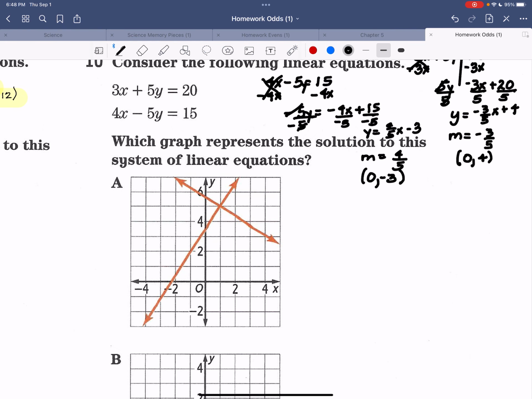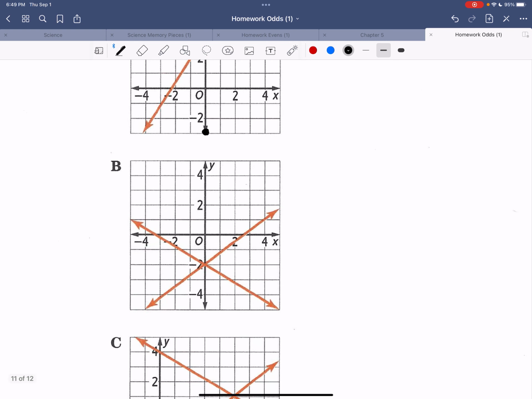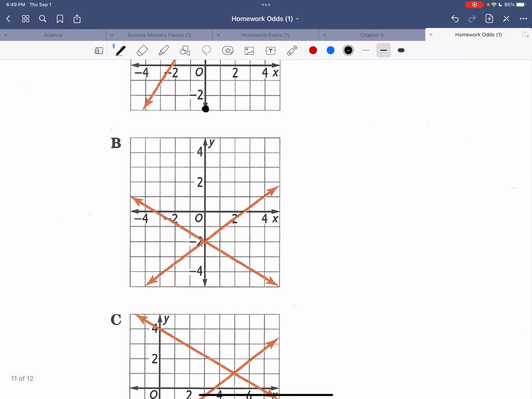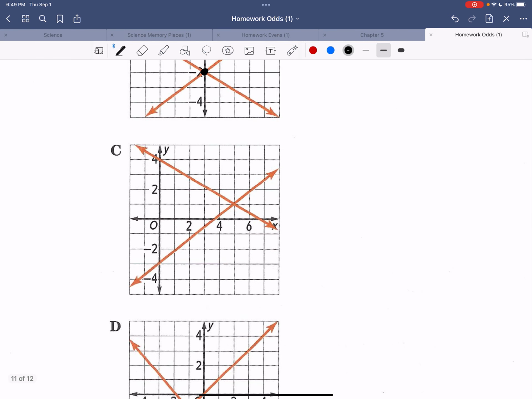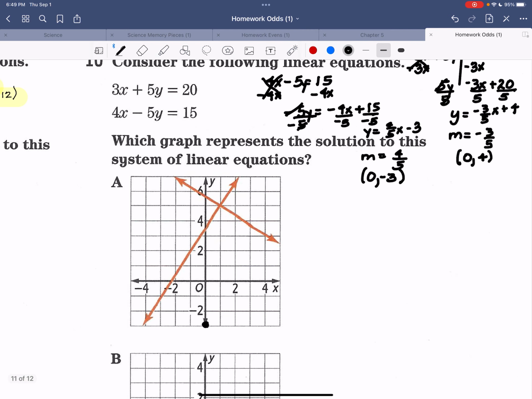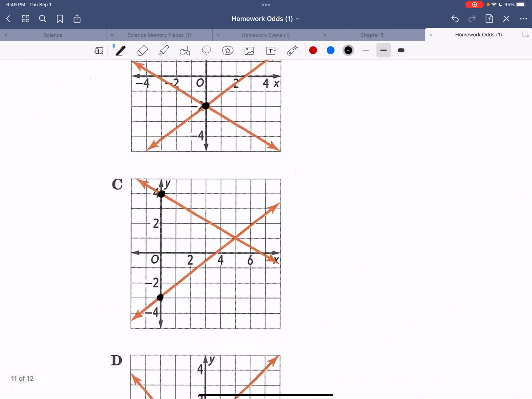Let's check the intercepts. Each box is worth 2 in all directions in this one. So 0, negative 3 would be down here. That doesn't fit. That's not it. Okay, this one we have a 0, negative 2, but that's not one of my intercepts. This one we have a 0, negative 3, and a 0, 4. That one could be it because the intercepts match.